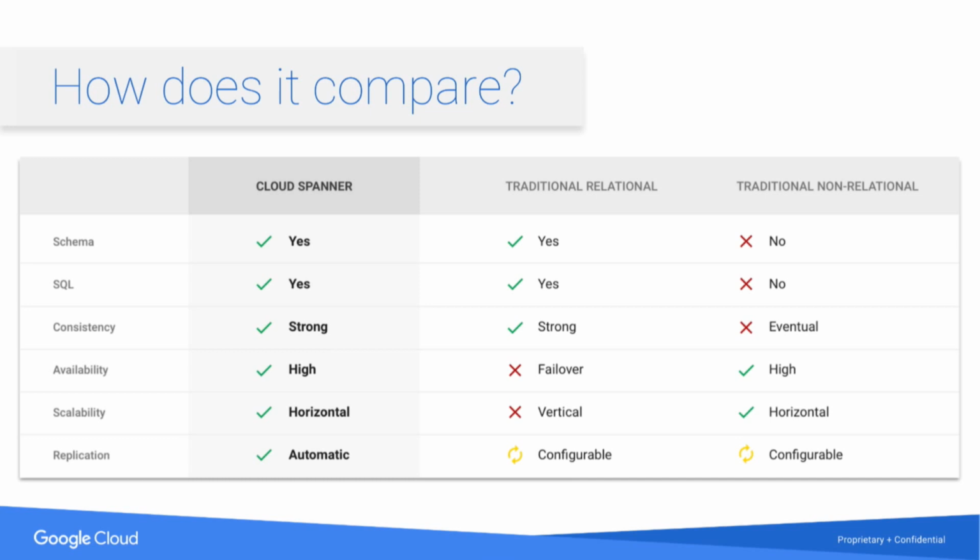The second is around SQL compatibility. I mentioned that Spanner is SQL ANSI 2011 compliant with extensions, and that allows you to essentially use the same open standard SQL that you're using today for your own applications that might target a traditional relational database environment.